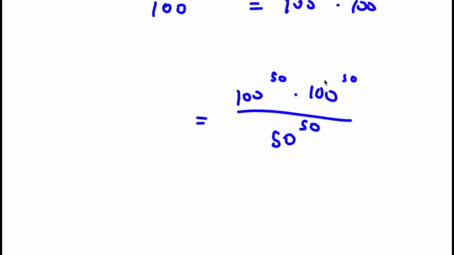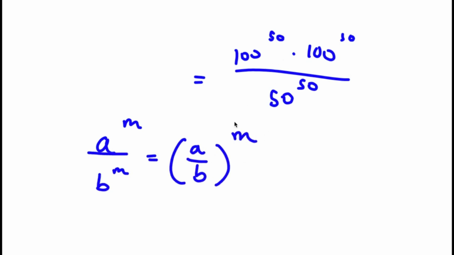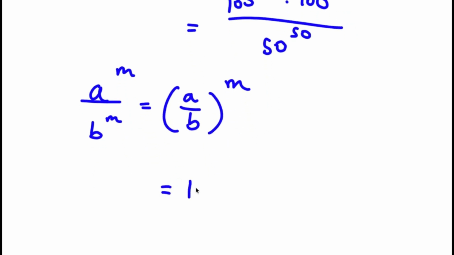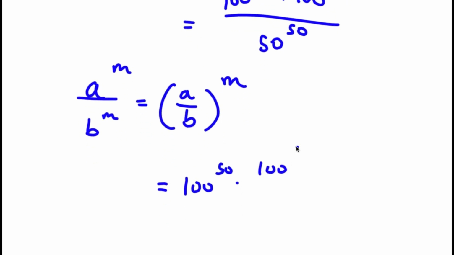Now, if I have something in the form a to the power of m over b to the power of m, this is equal to a over b to the power of m. So in this case, I can rewrite this as 100 to the power of 50 times 100 over 100 to the power of 50 over 50 to the power of 50.